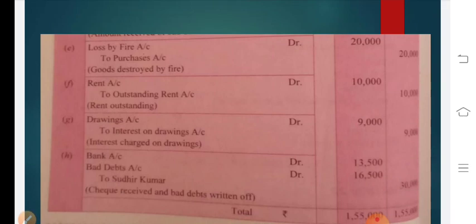Or even if we receive an insurance claim, that will be later on. So that will have a reverse entry. But in the current situation, if goods have been destroyed by fire, it is technically a loss, and any loss comes under nominal account, which says debit all expenses and losses.